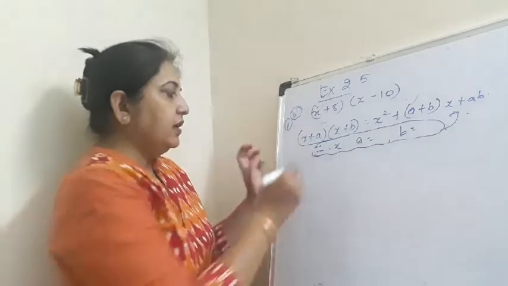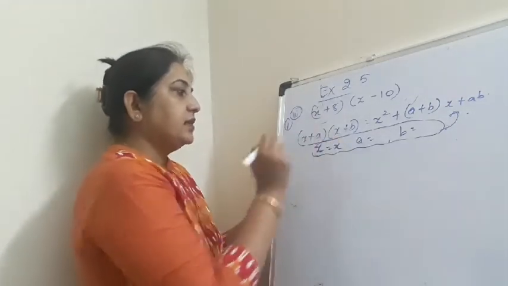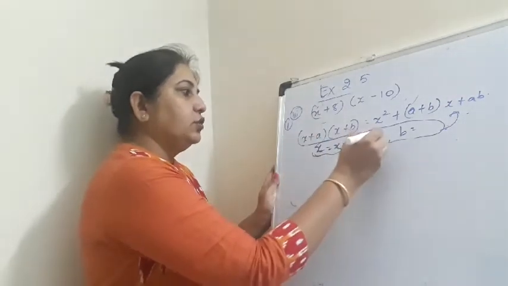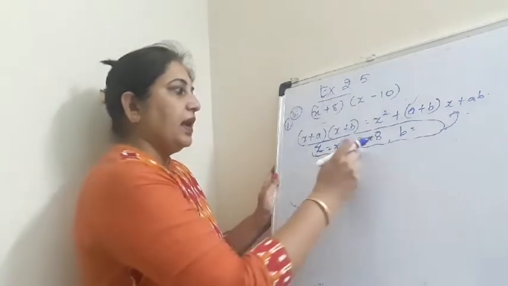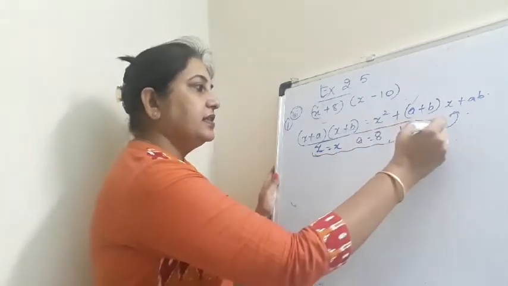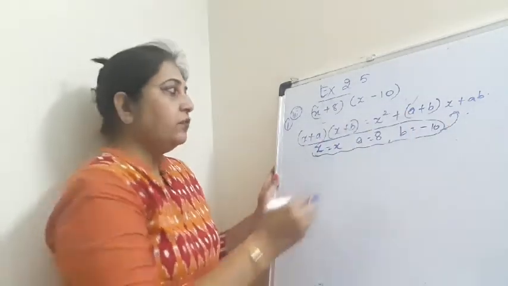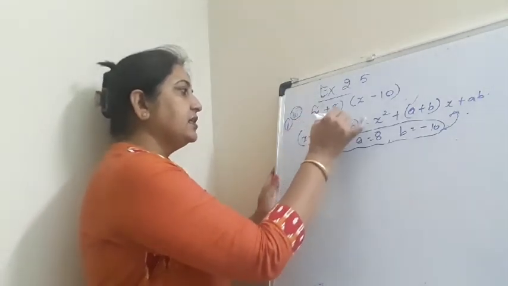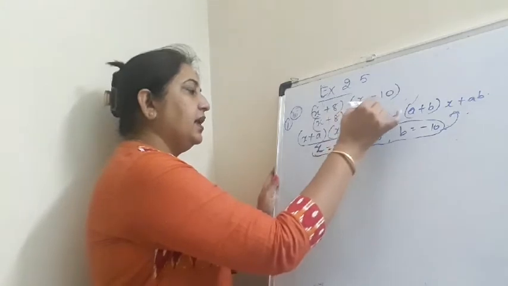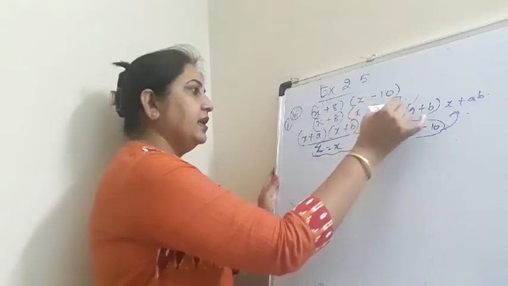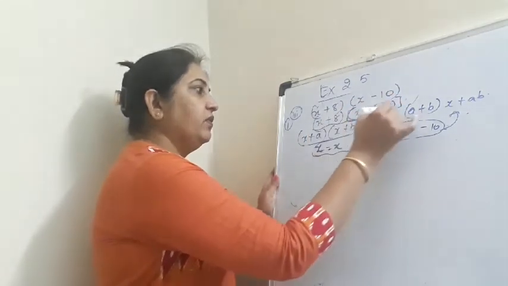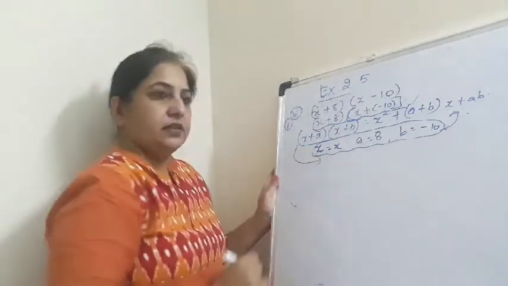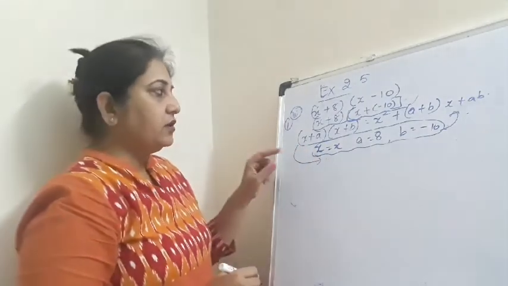So we write here x is equal to x, a is equal to 8, and b is equal to minus 10. What we can do is write the question as (x + 8) and (x + (-10)). In this form we will write it and then we use the identity. Okay, so I hope you've understood.